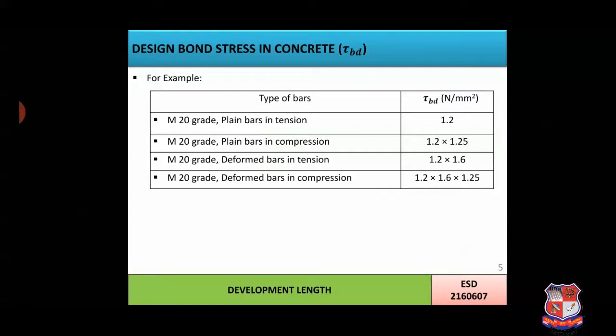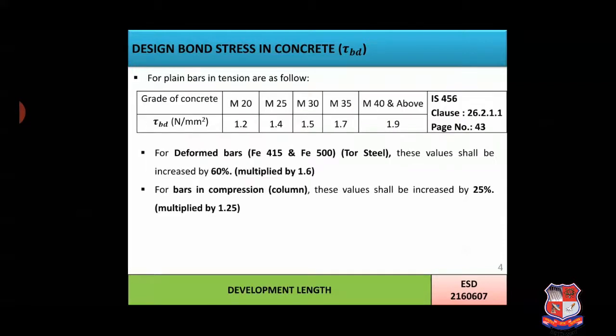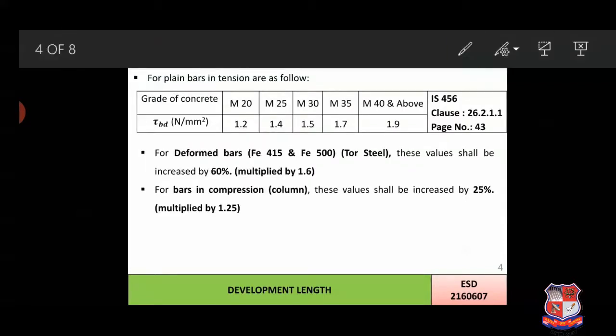Let's understand this by some examples. For example, M20 grade plain bar in tension. For simplification I have taken M20 as a common grade in all four examples. We have seen in this table the value of τbd for M20 is 1.2.